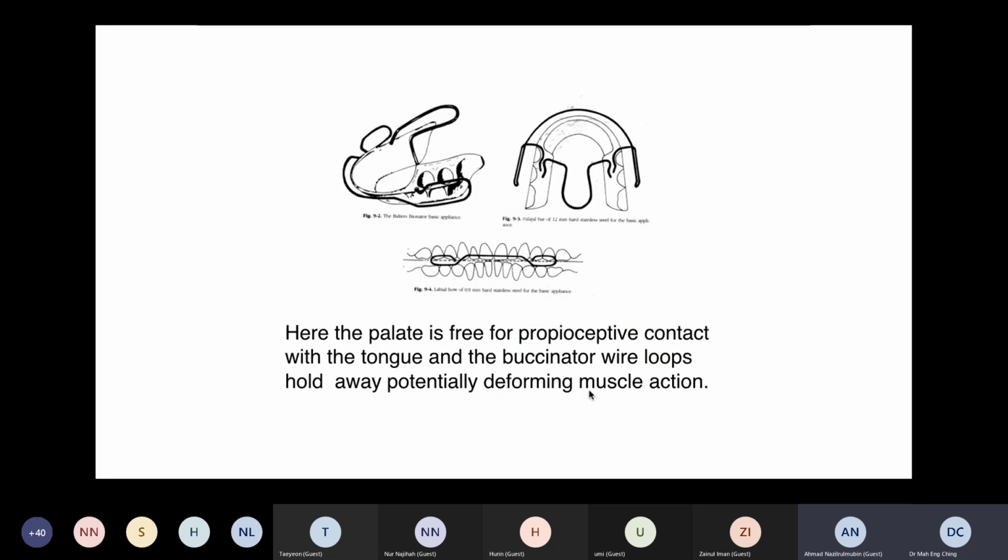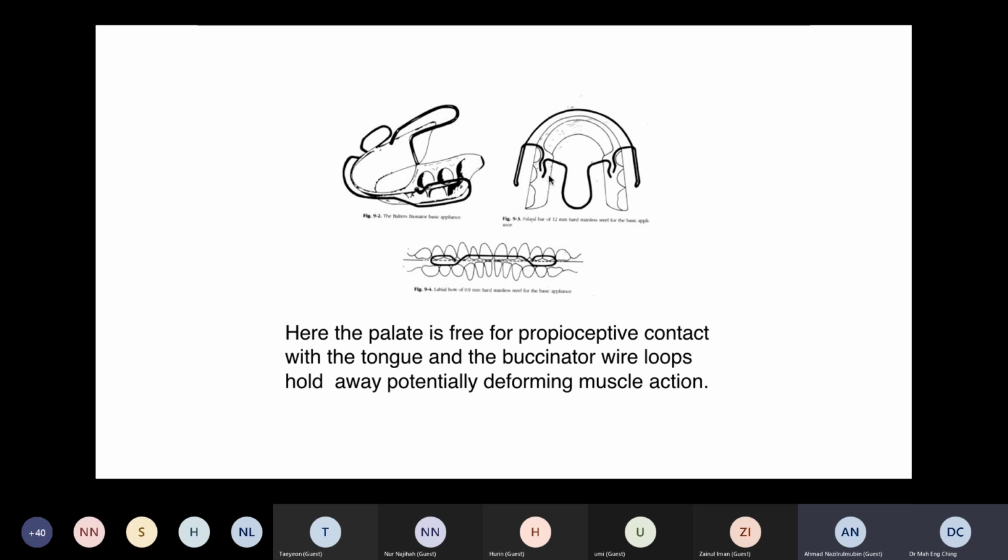This functional appliance or Bionator also has a palatal component. The palate is free from the proprioceptive contact with the tongue, and the buccinator wire loops hold away potential deforming muscle actions. So you see, on this buccal side, they have this wire which prevents the buccinator acting on the teeth.